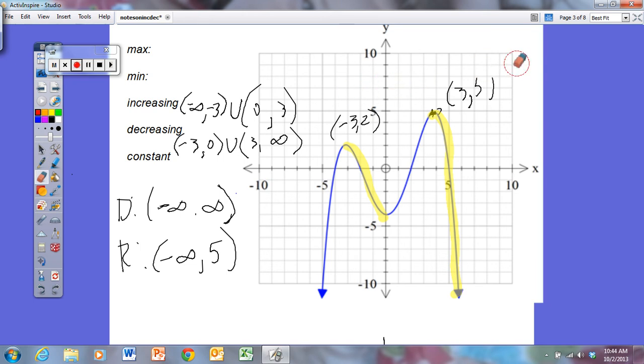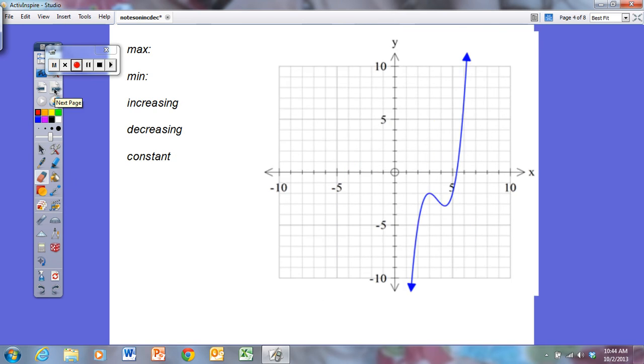So all we're going to talk about for today is max, min, increasing, decreasing. So hopefully those make sense to you. Let's talk about this one. The domain, again, if I had my flashlight and I went on the x-axis, shining down and shining up, eventually this is going to go forever and ever, I would get to all x values.